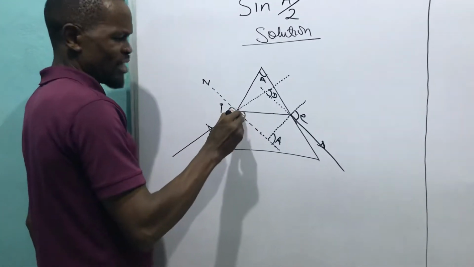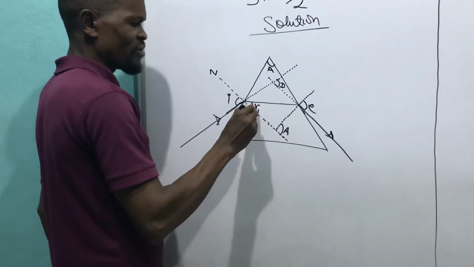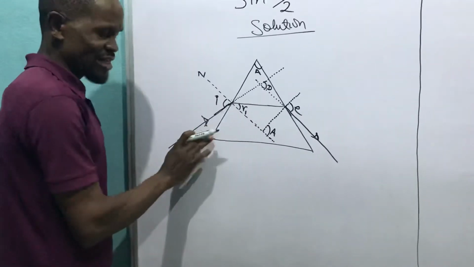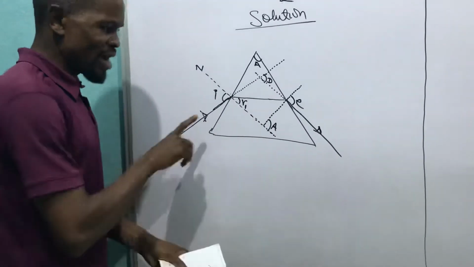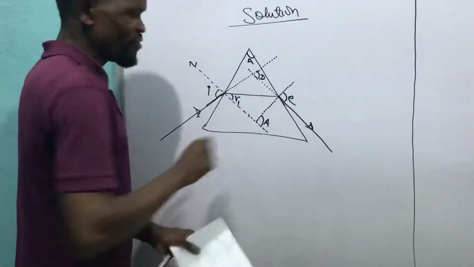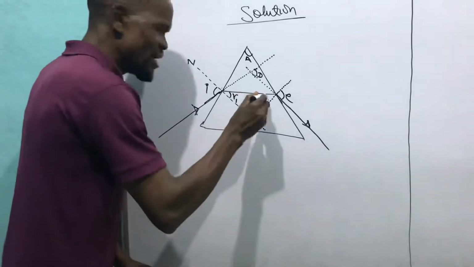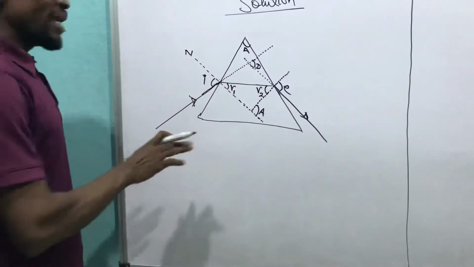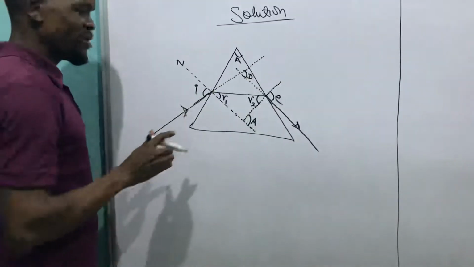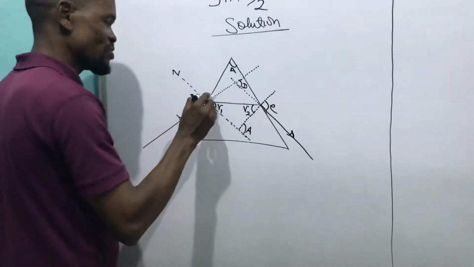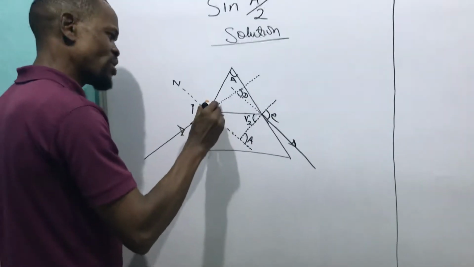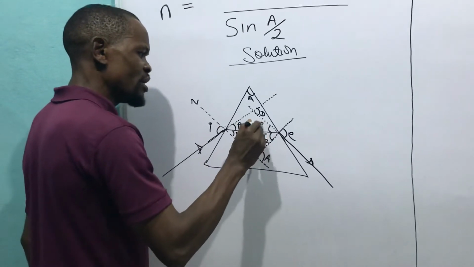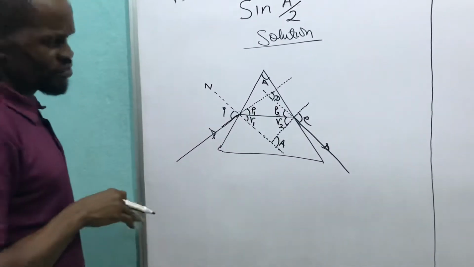I may call this R1, which is the angle of refraction in the first face. You know that this triangle has two faces, first face and second face. Then this here becomes R2, which is the incident angle in the second face. Then here I may call P1, and also here I will call P2 on my own.